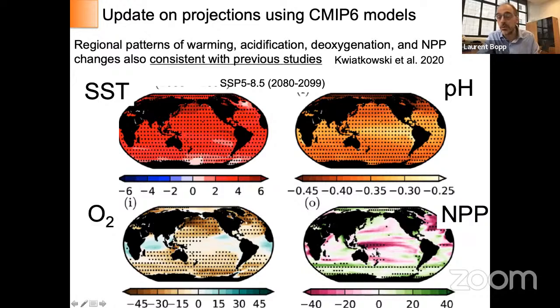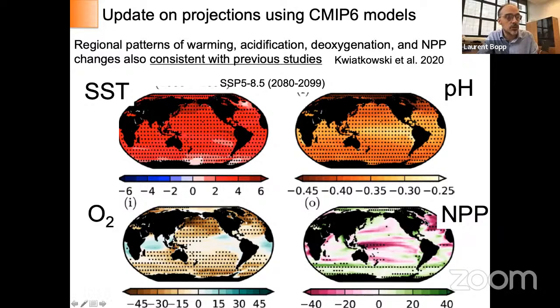And for NPP, it's even worse. You have many regions in the world ocean where the models don't agree on the sign of change. That's true for the tropical Pacific, for the subtropical Atlantic Ocean, for most of the Indian Ocean. And you have only a few regions where the models do agree for the sign of change of NPP in the coming decades.